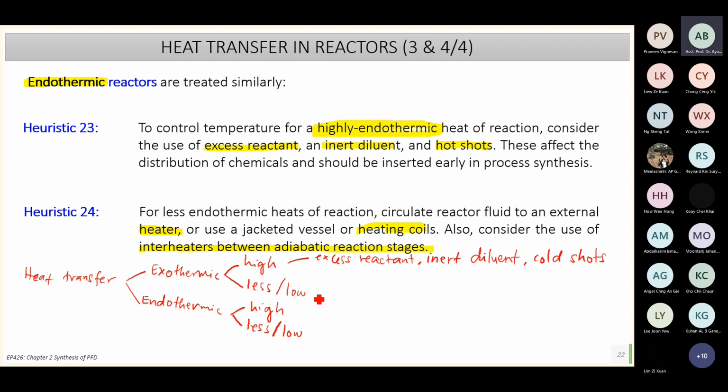Okay, for less exothermic, what do you need? Circulate the fluid to an external cooler. Perhaps you can use an external cooler, a cooling coil, or a jacketed vessel.